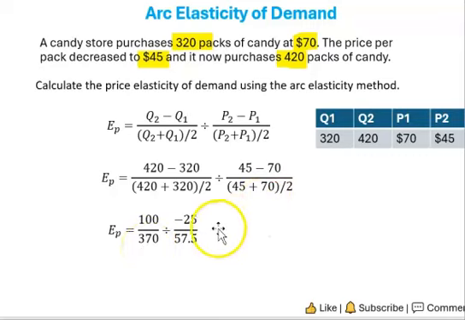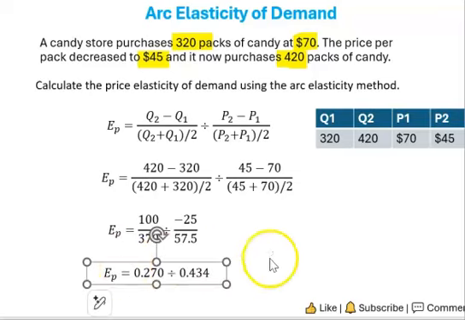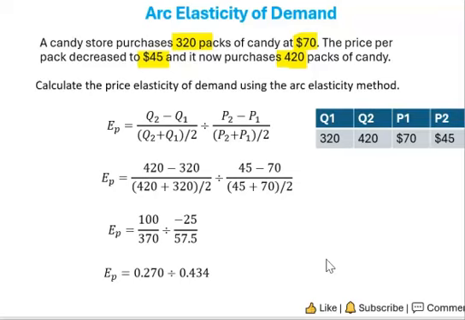And 45 minus 70 gives us minus 25. 45 plus 70 divided by 2 gives us 57.5. And it gives us E equals 0.27 divided by minus 0.43, and our arc elasticity is 0.62.